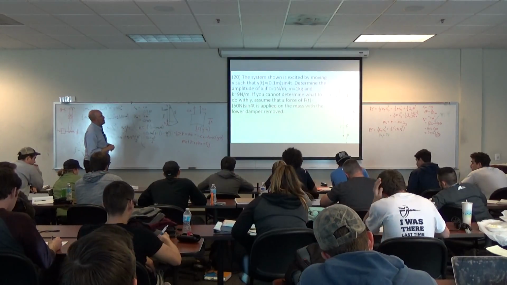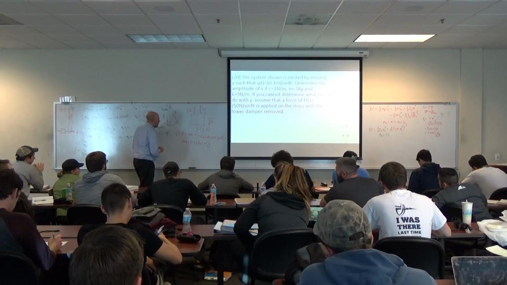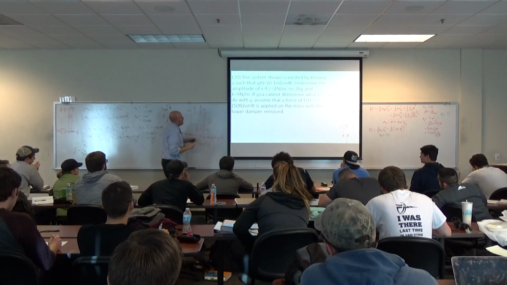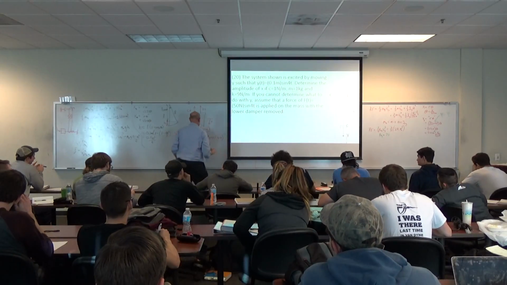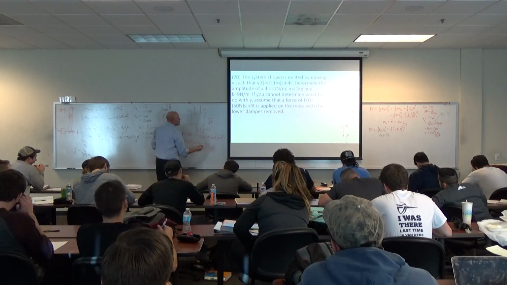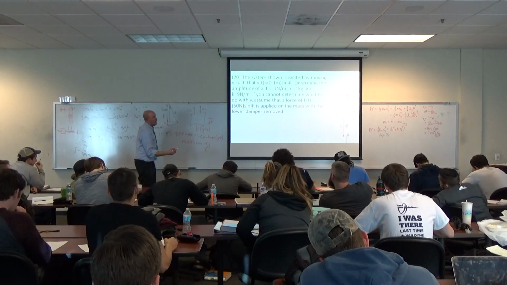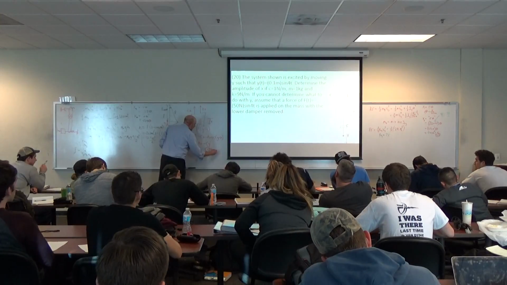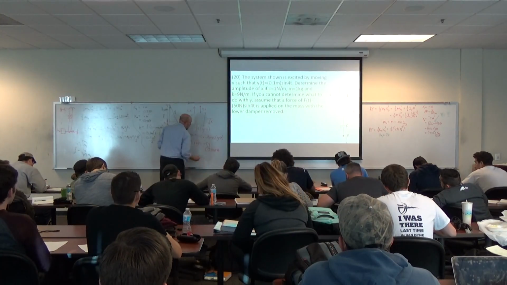And what are we given? We're given x. We're given y. y is 0.1 sine 4t. So y dot is 0.4 cosine 4t.